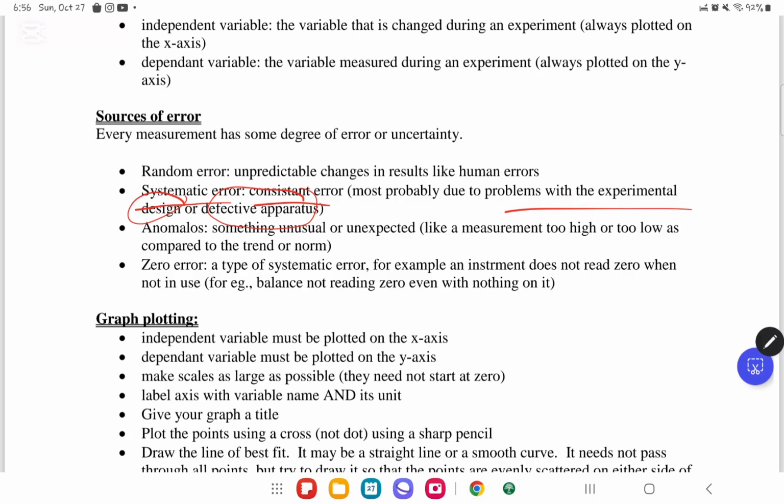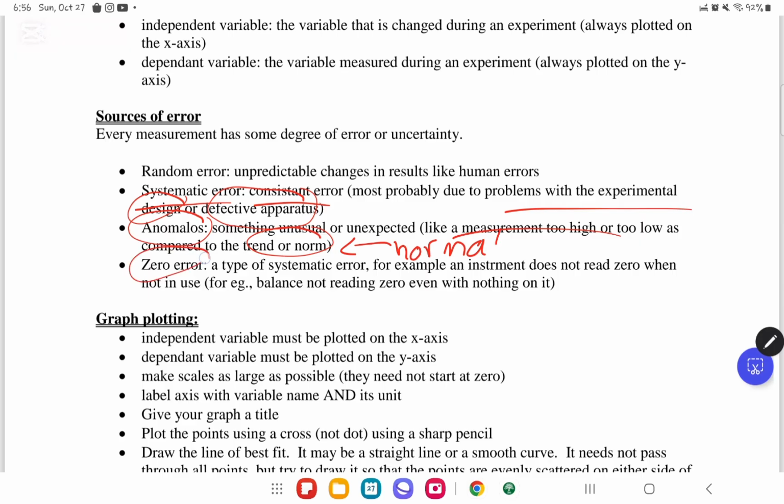Then an anomalous error, okay, is something unusual or unexpected. For example, you made the measurement too high or too low as compared to the trend or norm, meaning the normal thing you were supposed to do.